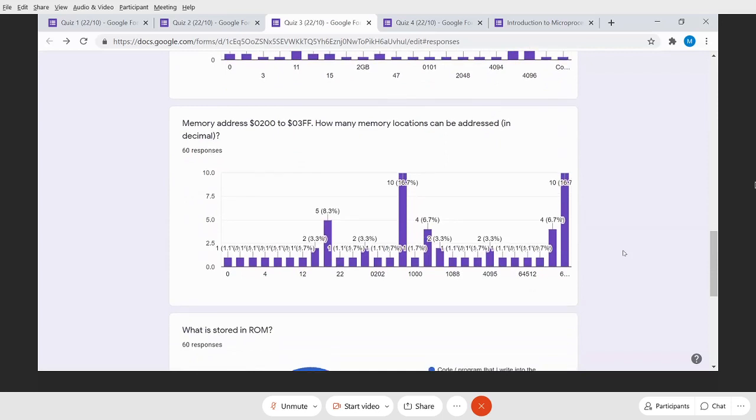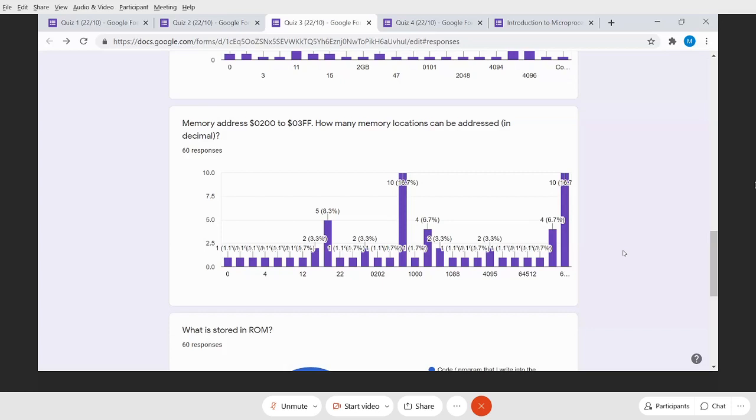Memory address 200 to 3FF. How many memory locations? This is a good question. So how do you find it? 1024 minus 200, 824?